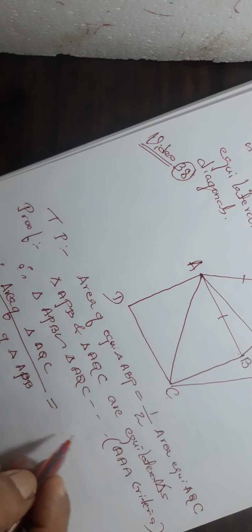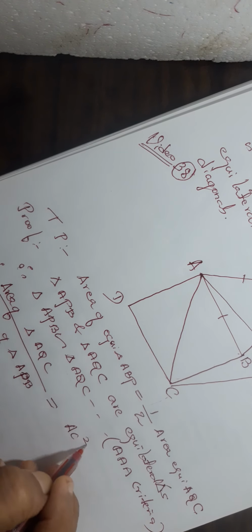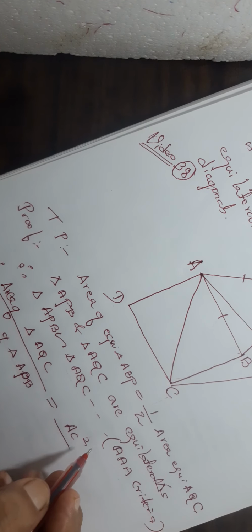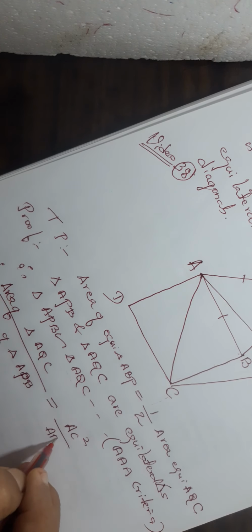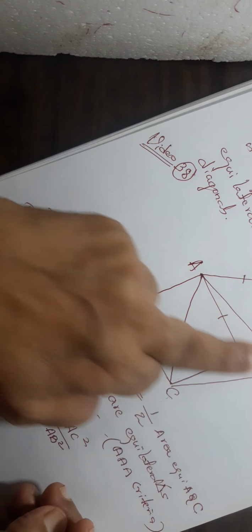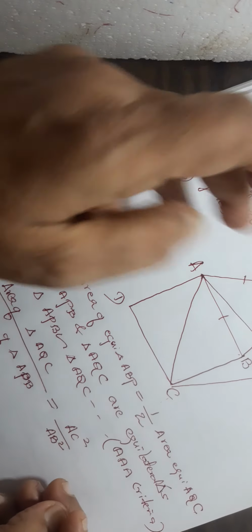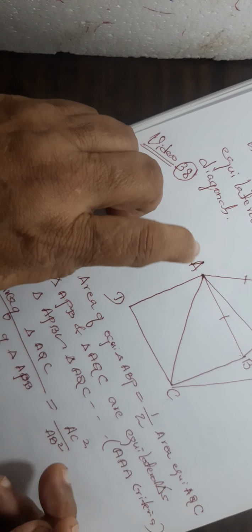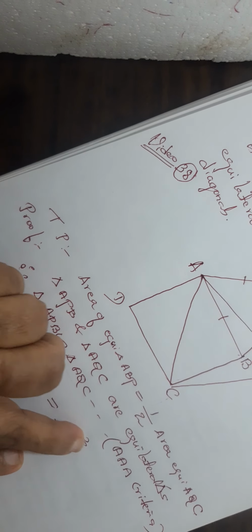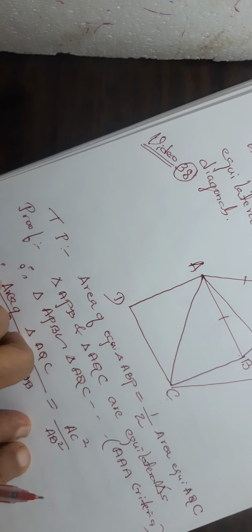So I am going to take AC squared by AB squared. See, AC is the side of this equilateral triangle AQC, and the APB triangle's side is AB. So AC squared by AB squared.